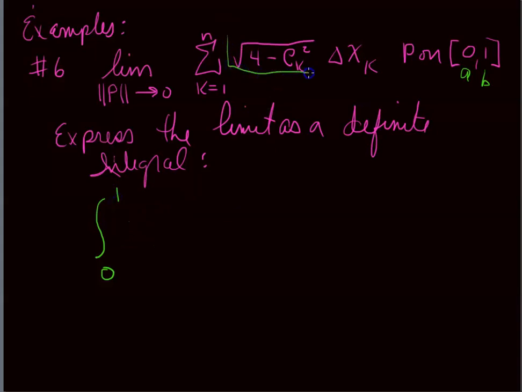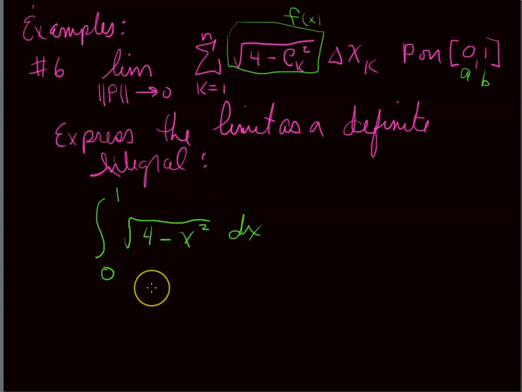Well, this is our function right here when we put an x in there. So this is the square root of 4 minus x squared dx instead of delta x. And that would be the definite integral. Now I'd say we should go ahead and find this, but we haven't learned how to do this type of integration yet. That's number 6.